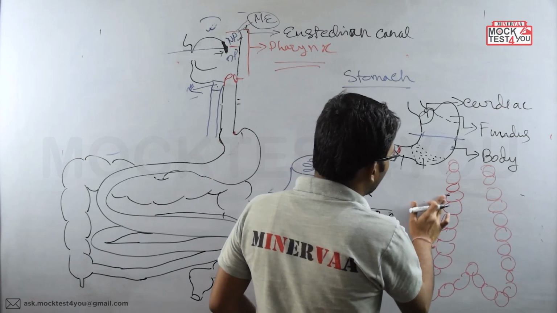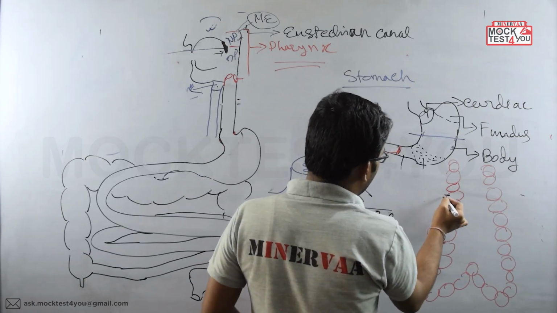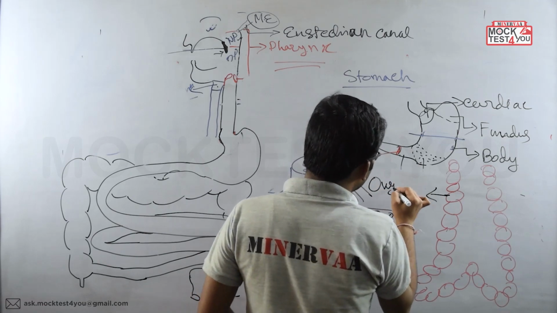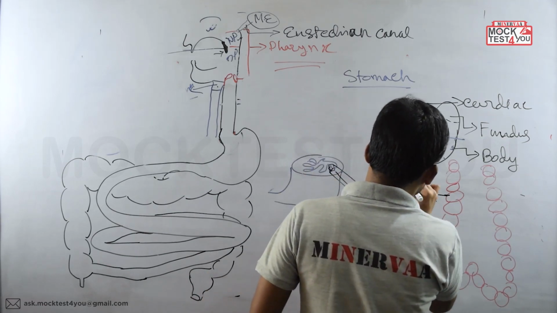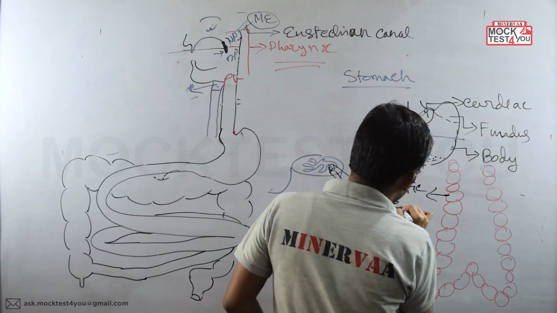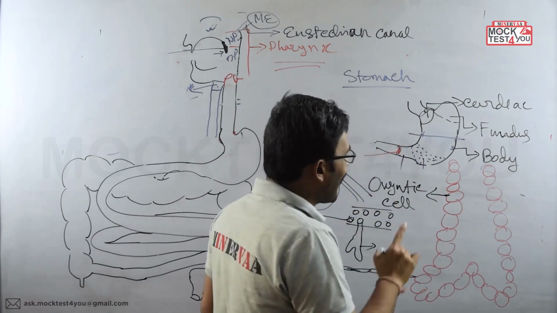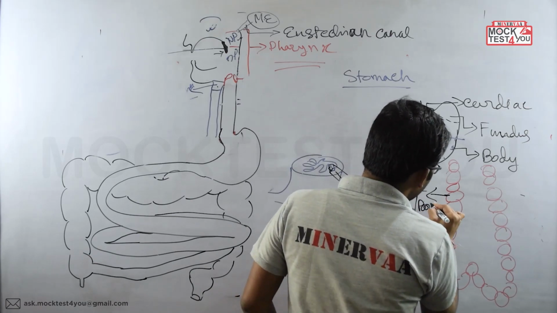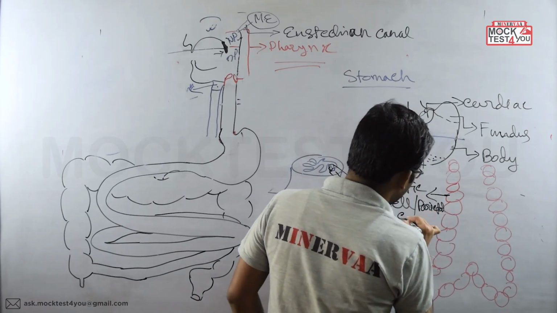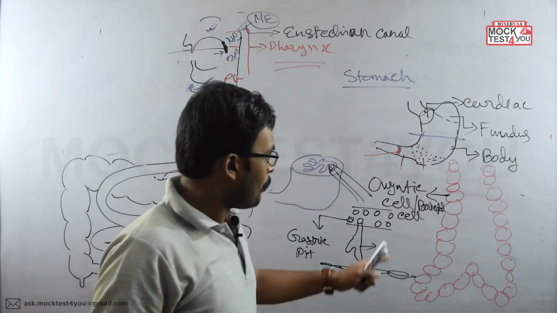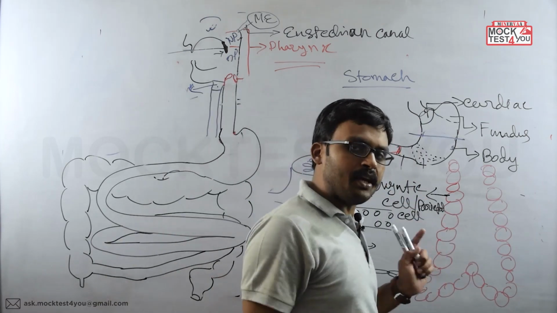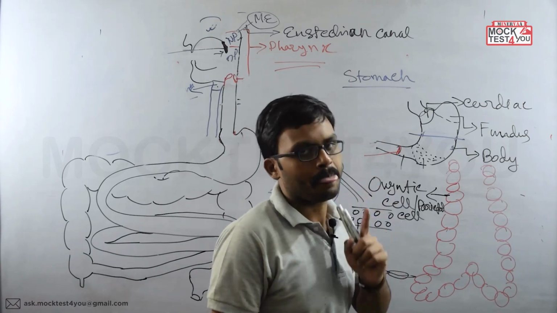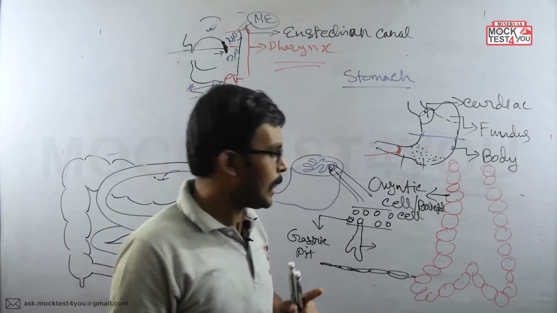These cells are called the oxyntic cells, or they are also called the parietal cells. So the parietal cell or the oxyntic cell is secreting HCl and the intrinsic factor.